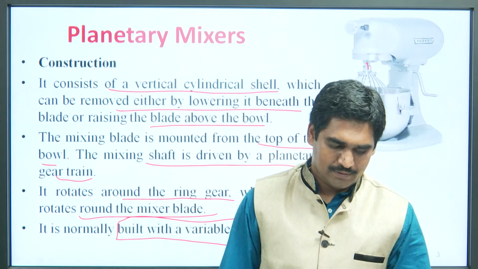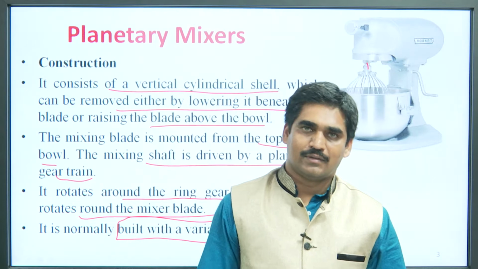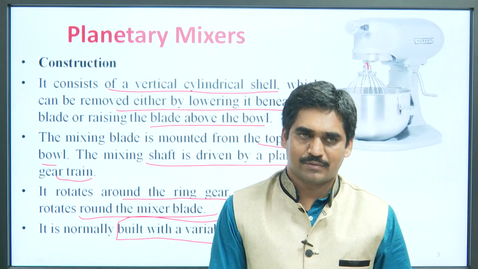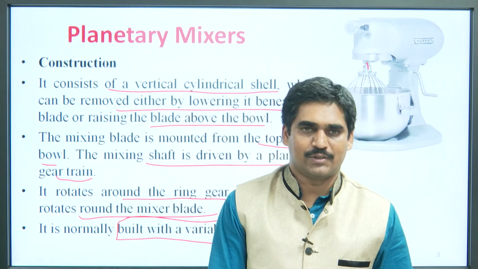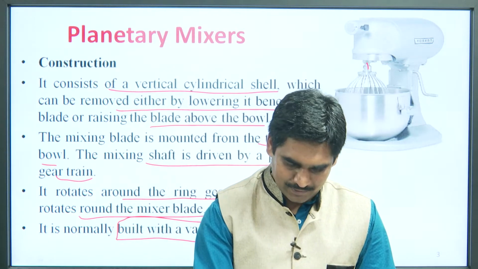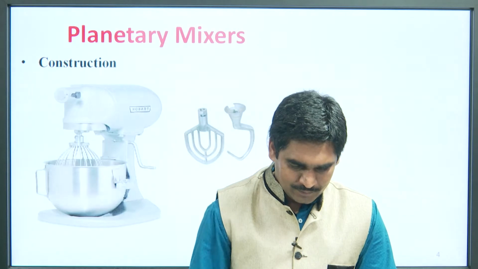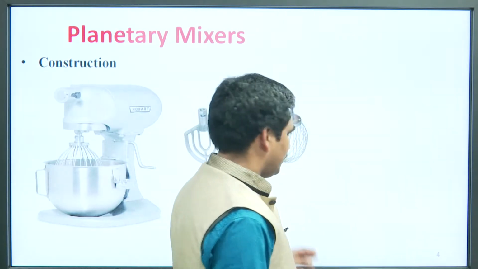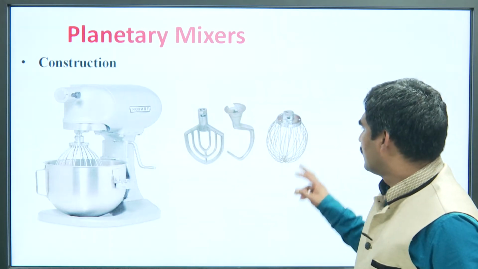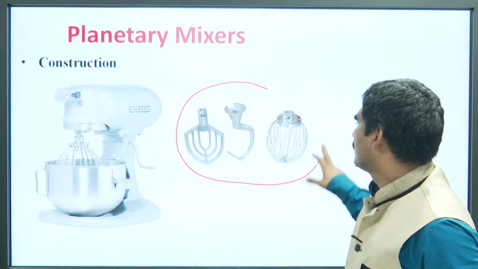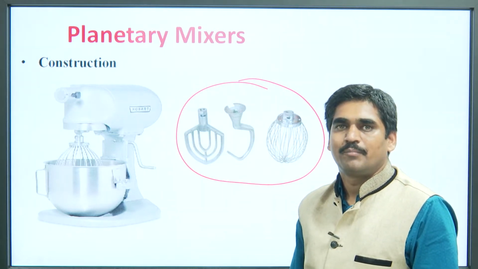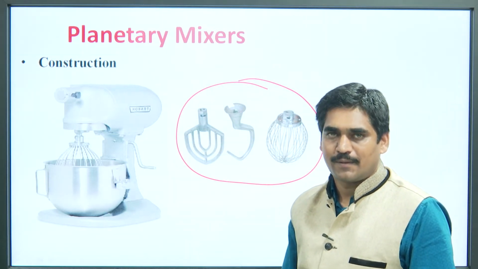So, this is the difference between this planetary mixer and the previous mixers that we have studied in earlier lectures. You see, these are diagrams of different types of blades which are used in planetary mixers.